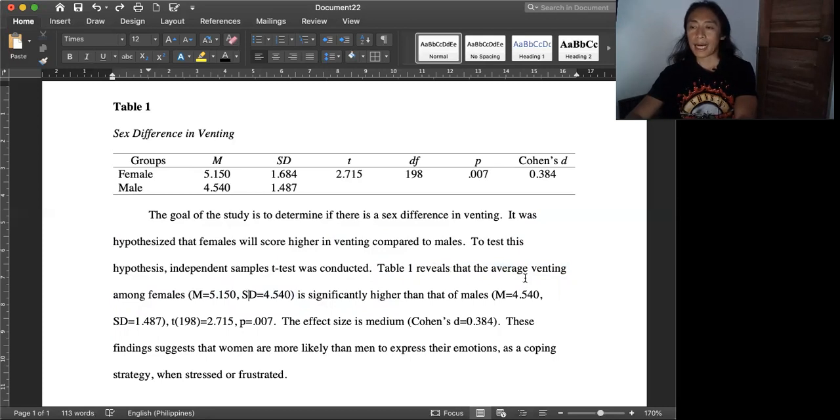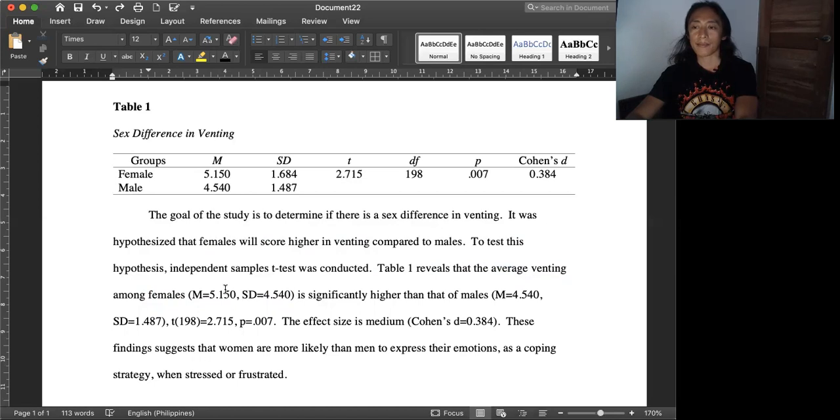So when I say the average venting among males, immediately after the mention of the group, I placed the statistics, particularly the mean. And of course, every time that you report the mean, always report the standard deviation.